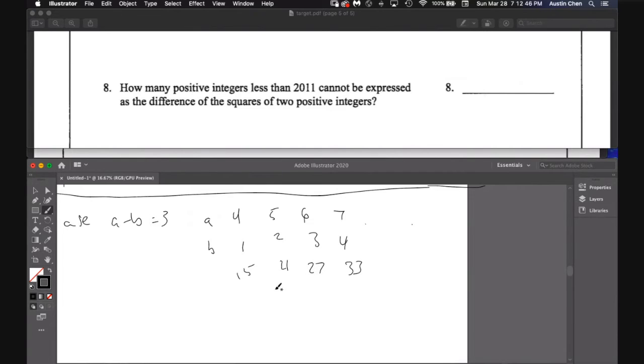Here we can see that the difference between our differences of squares of two consecutive pairs of numbers is 6.